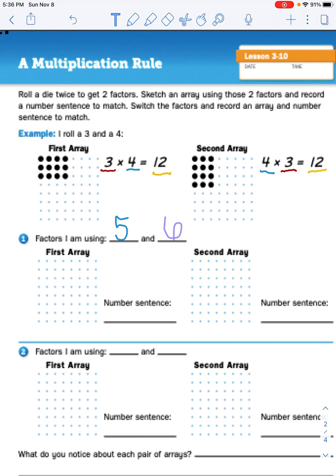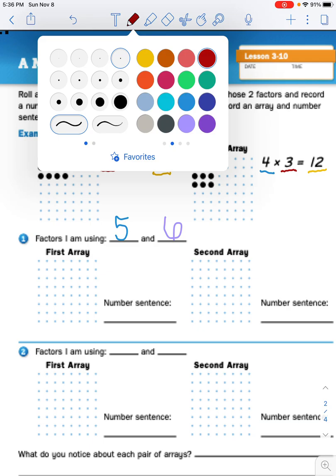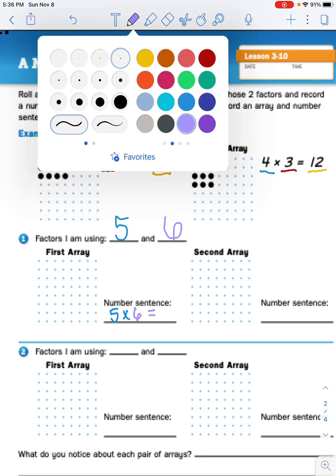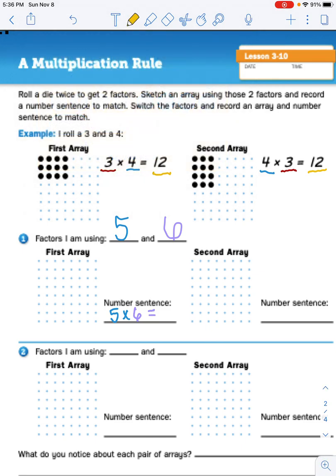I already used a dice and I rolled a 5 and a 6, so those are the two numbers that I'm going to use for my multiplication sentence right here. Okay, so the two numbers I'm multiplying together, or my factors, are 5 and 6. So 5 times 6 equals, I don't know what it equals yet, so I'm just going to leave that part blank.